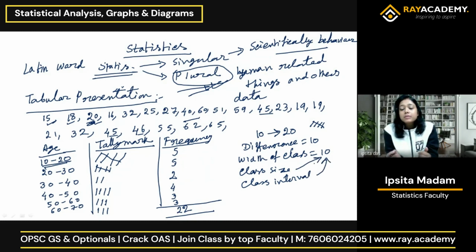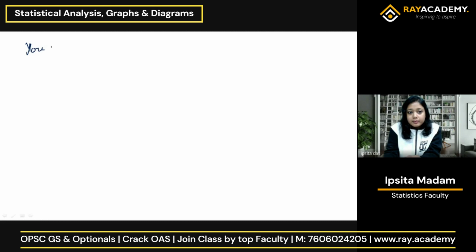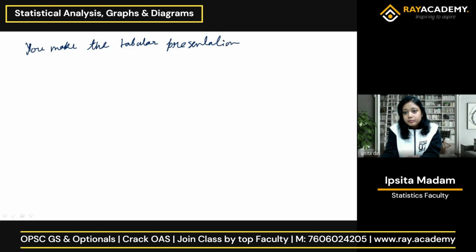Suppose this class interval or class size is given. Then you make the tabular presentation: 1 to 10, 11 to 20, 21 to 30, and so on.